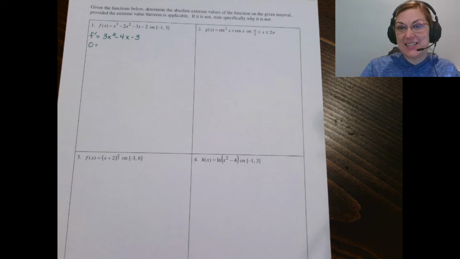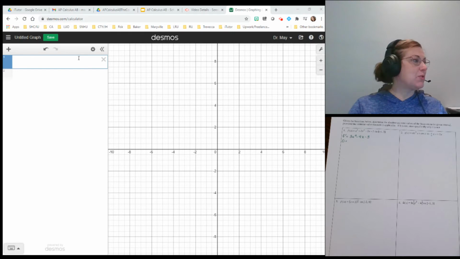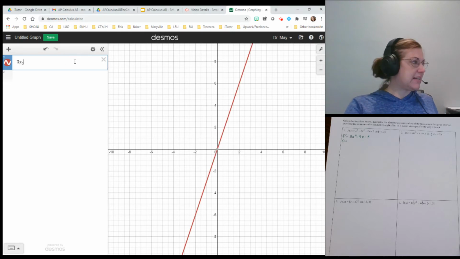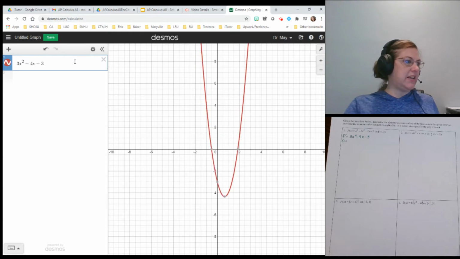So this doesn't factor. Let's go ahead and use a calculator. I'm going to switch my format to this layout so we can use Desmos. I'm going to put that derivative in here, 3x squared minus 4x minus 3. And you can see I've got my values here.